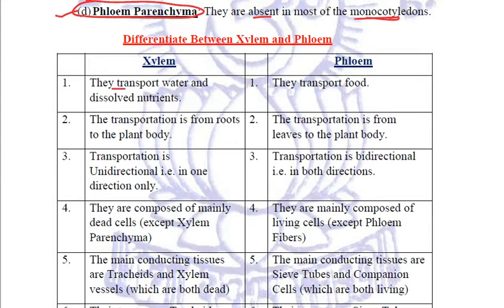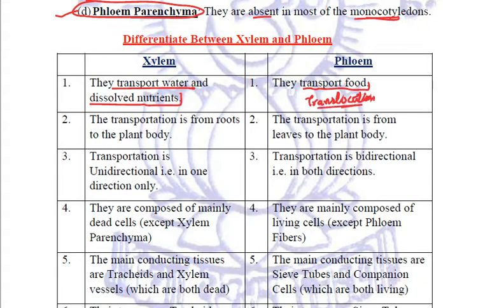Xylem helps in transporting water and dissolved nutrients. This is the function of xylem. And phloem transports food. This process of transportation of food by phloem is termed as translocation. This is a term which you need to know.